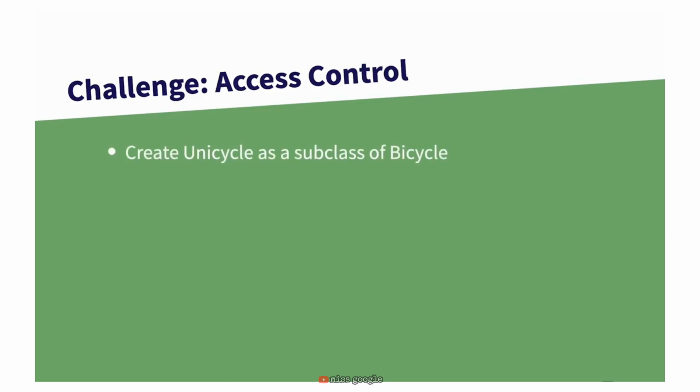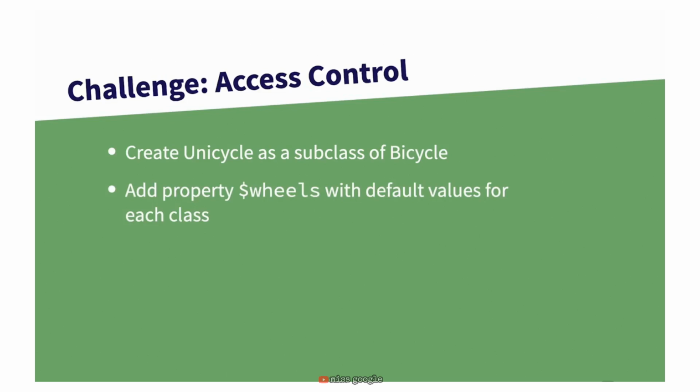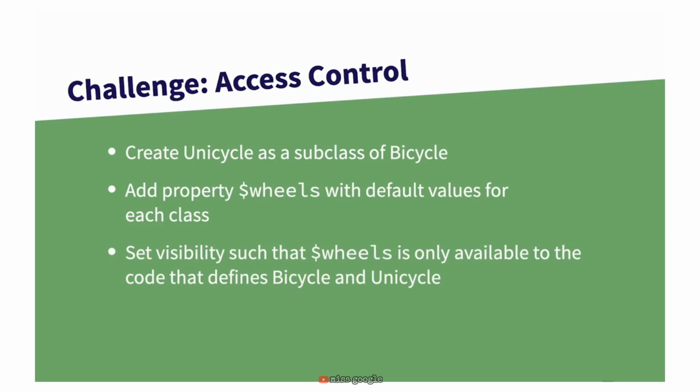The second part of the challenge is to create unicycle as a subclass of bicycle. And once you've done that, you want to add the property wheels with default values for each of those classes. A bicycle has 2 wheels and a unicycle only has 1. Then set the visibility such that wheels is only available to the code that defines bicycle and unicycle.